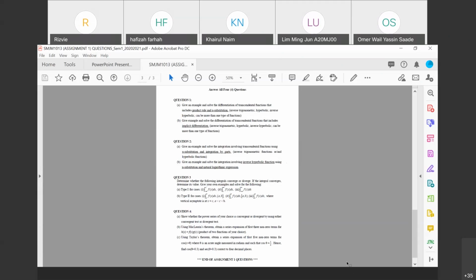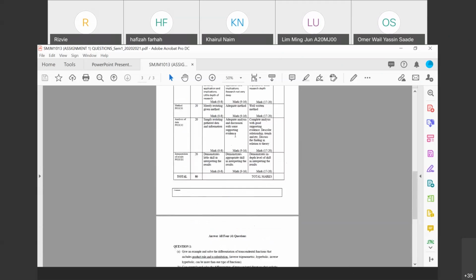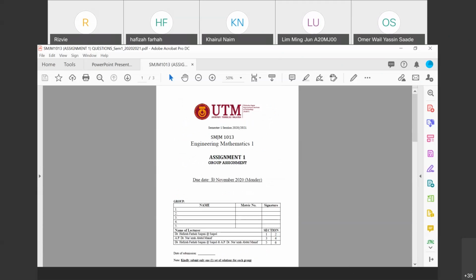The deadline is on 30th November, on Monday. If you have any problem finding members, you can just post in the group. Just find anyone who's still not in the group. Okay, so that's all for today.